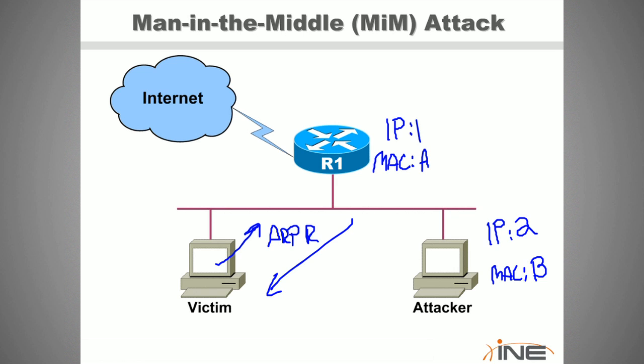It says, my IP address 1 is bound to MAC address A. So now in the ARP cache of the victim, it says IP address 1 is bound to MAC address A.